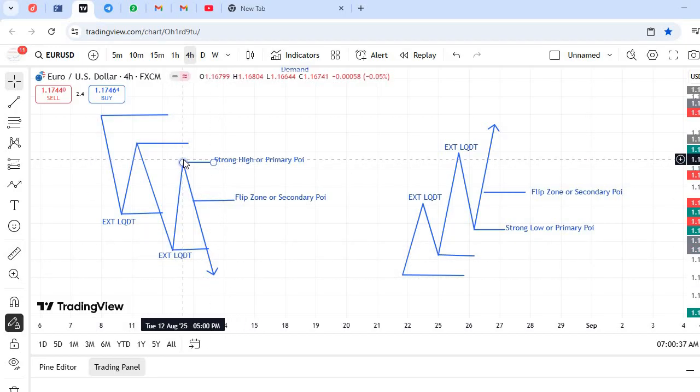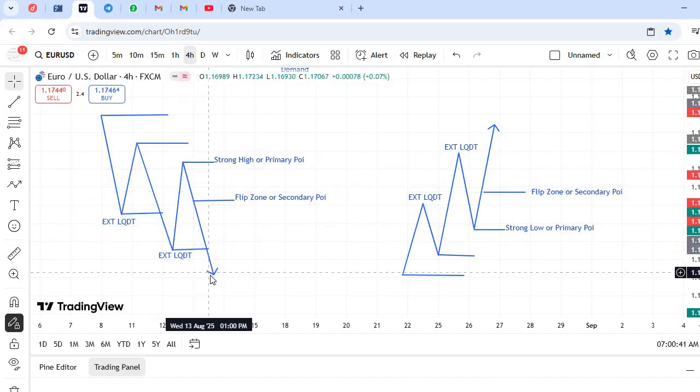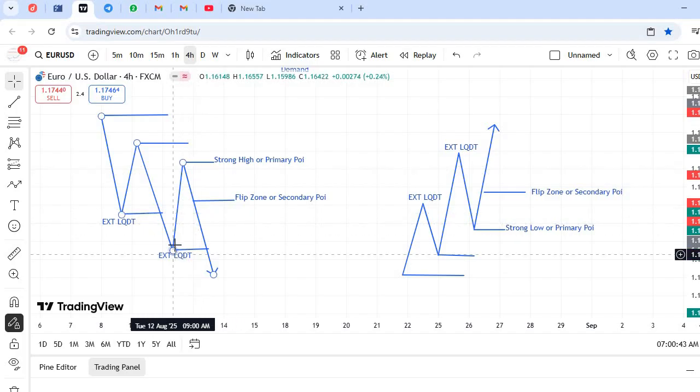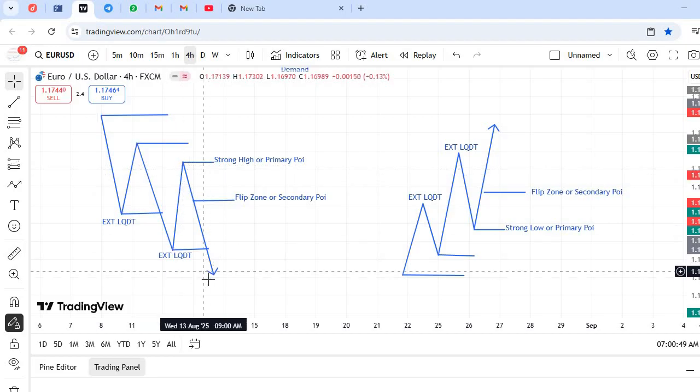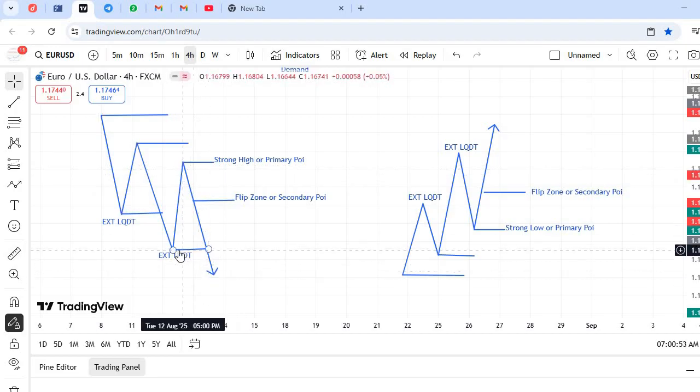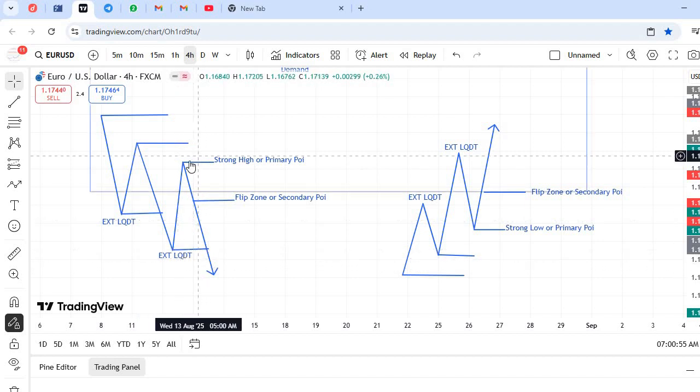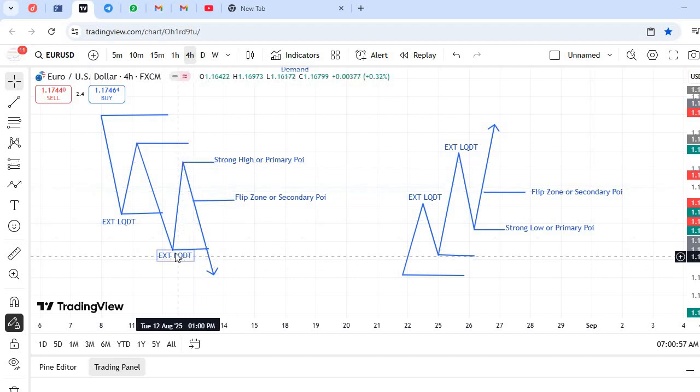So whenever this low is broken out, you locate the supply that took out the low. Now this low, which is external liquidity, has been taken out by this price. So now, where is the supply that took out this low? This is the supply.